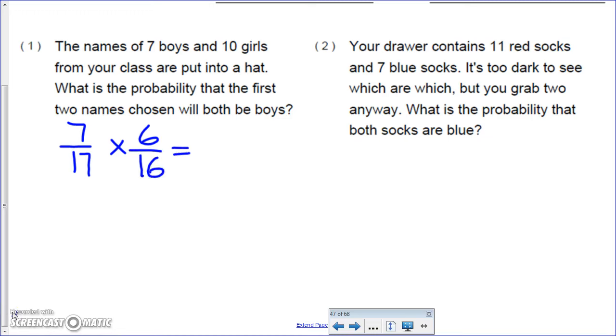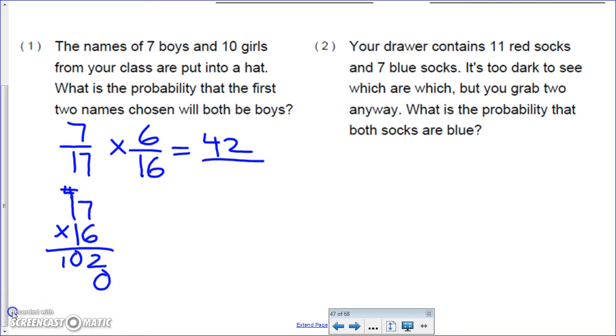Then we're going to multiply across, just like we do with fraction multiplication. 7 times 6 is 42. And then we're going to multiply 17 times 16, which gets us 272.